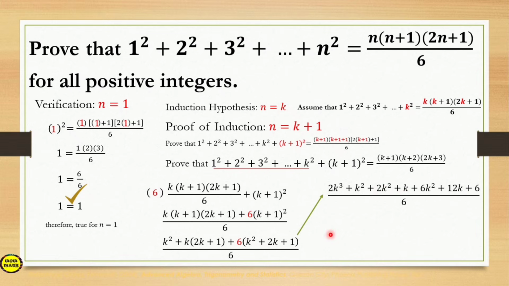So, copy niyo lang yan, 2k cubed, plus k squared plus 2k squared plus 6k squared. Magkakapareho ito, kaya i-add natin. So 1 plus 2, 3 plus 6, that is 9k squared. And then yung k natin, k plus 12k, that is 13k plus 6, all over 6.